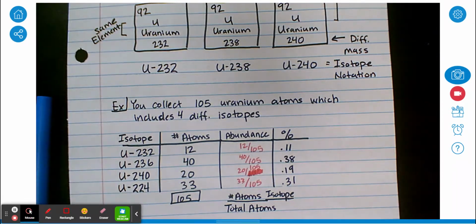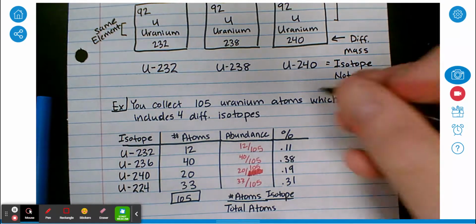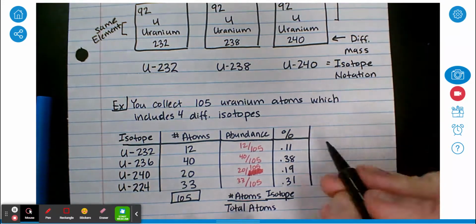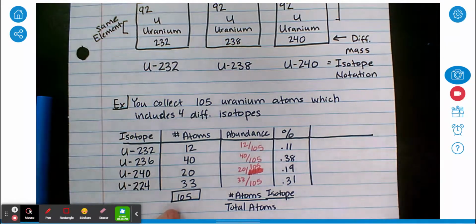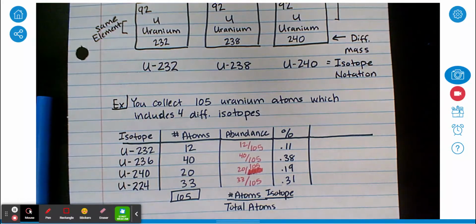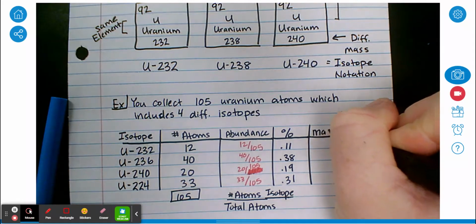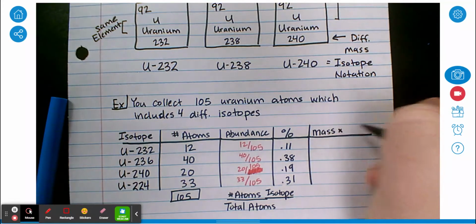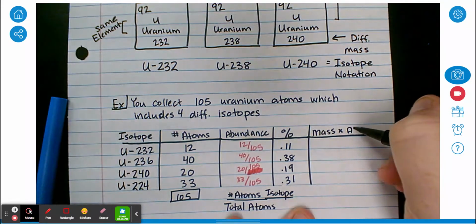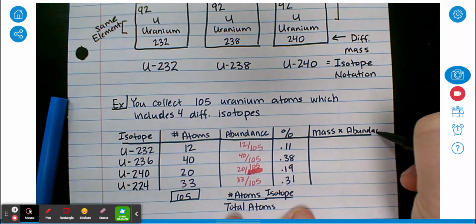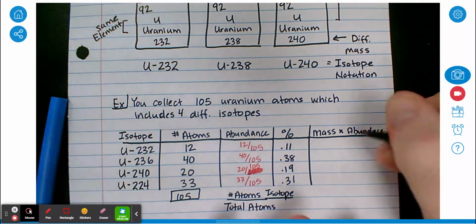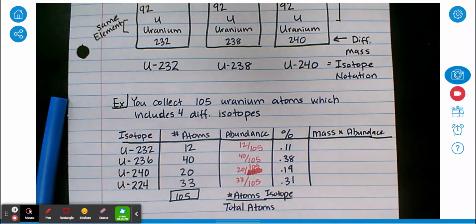Now, almost done. All that's left to do is take your mass and then multiply it by your abundance. So my mass here, this is uranium-232.